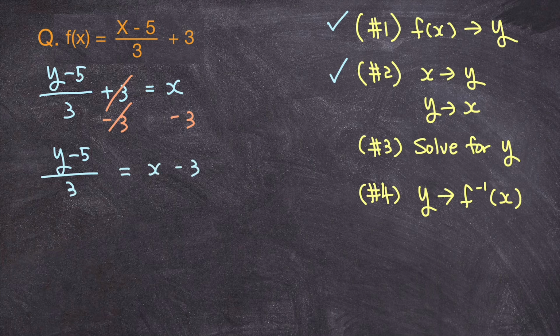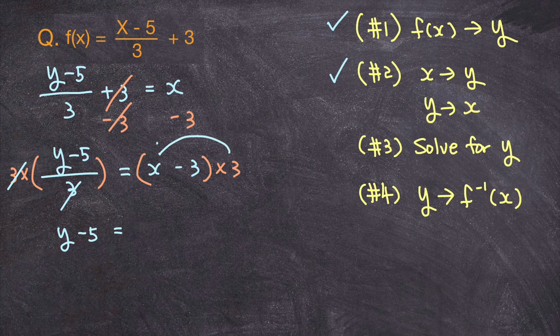And then I want to get rid of this denominator of 3, and I can do that by multiplying 3 to both sides of the equation. On the left side, I have y minus 5, and on the right side, I will need to distribute that 3 to both terms, and I end up getting 3x minus 9.